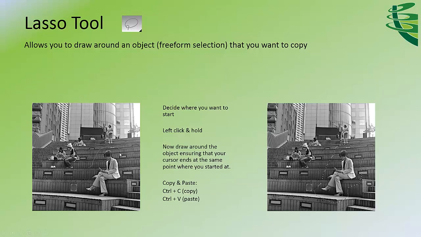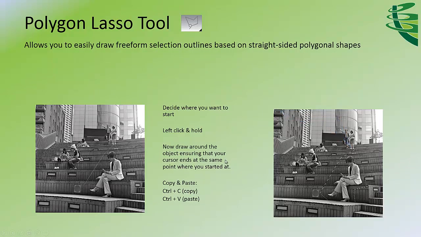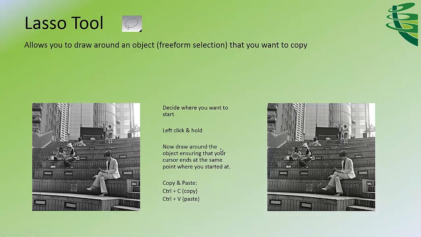So as you can see here, guys, I've started to draw around, and it is important here that when we draw around using the lasso style tools, the start point, wherever you start, is the point at which you finish before you let the left mouse button go. And that's really important. The lines must touch. Okay, so again, Control C, Control V, and we repeat the process. Again, you can move that around. It does exactly the same thing.